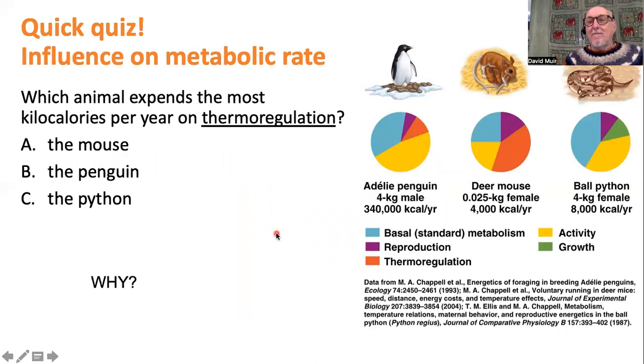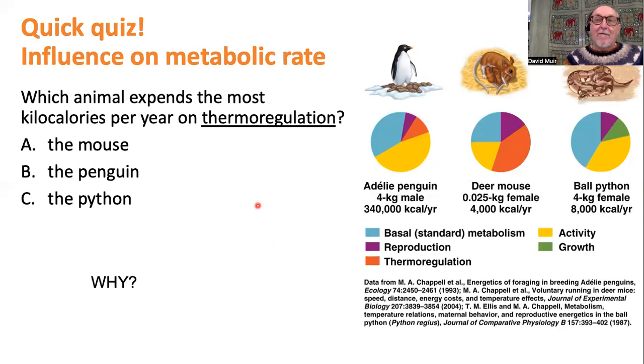Okay, so do please go to these quick quizzes and work out which of these animals, for example, in this diagram, who do you think expends more energy in kilocalories per year? That's the yearly metabolic rate on maintaining their internal body temperature.